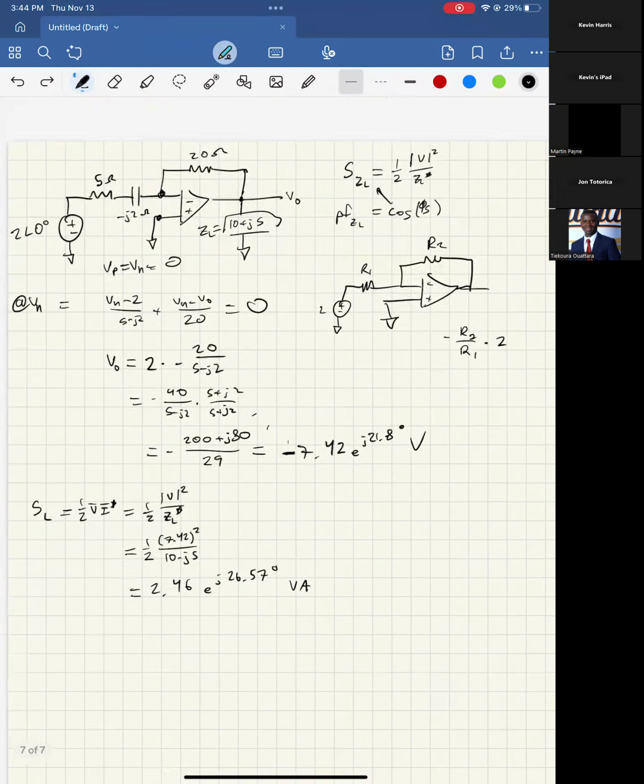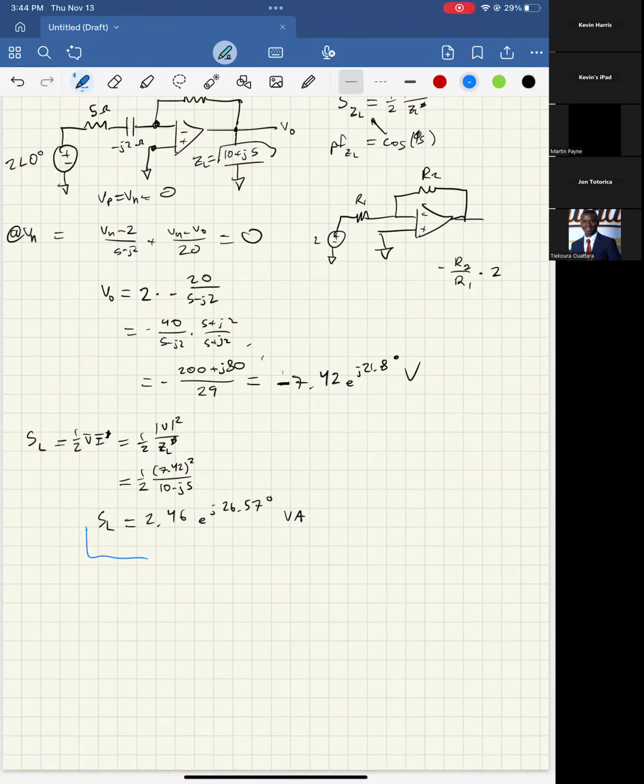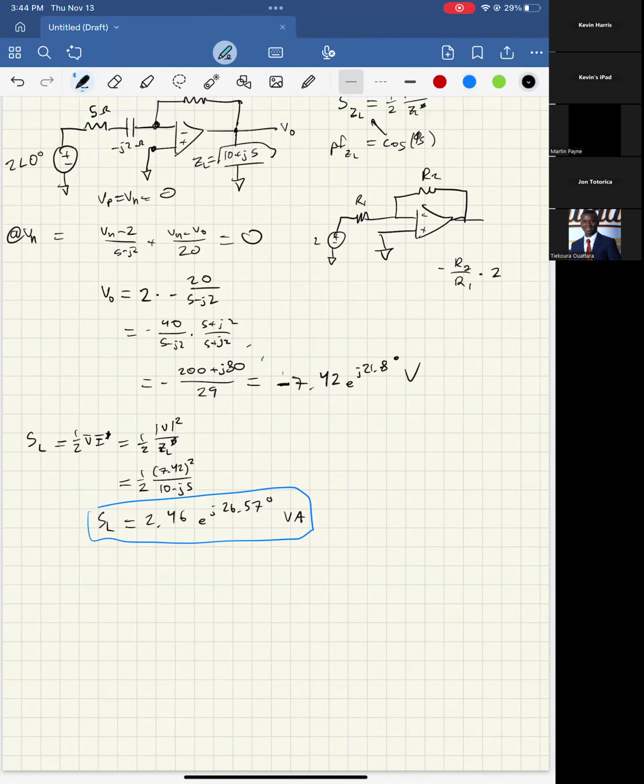So we've done part one, right? We found the complex power. This is part of our answer. And then the power factor, remember, is just the cosine of that.